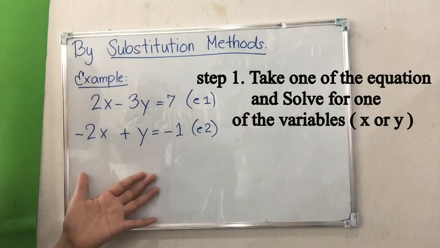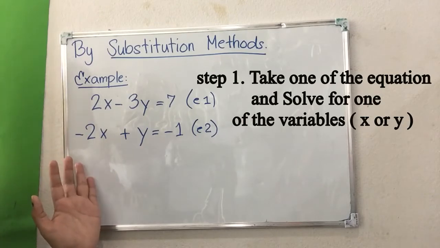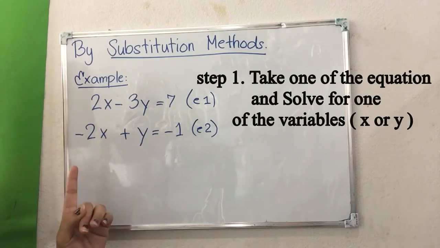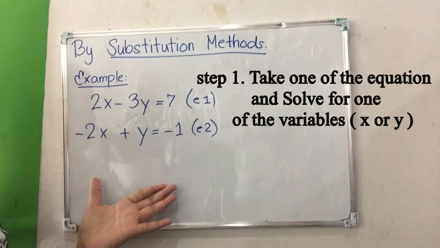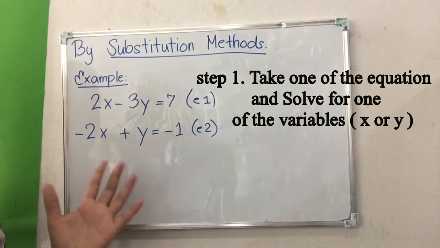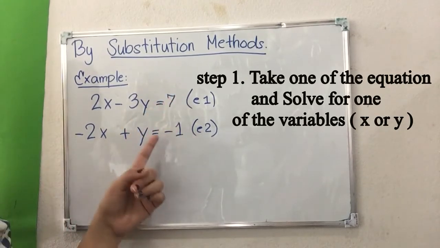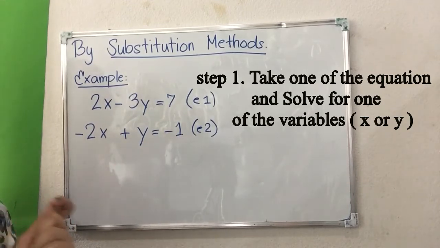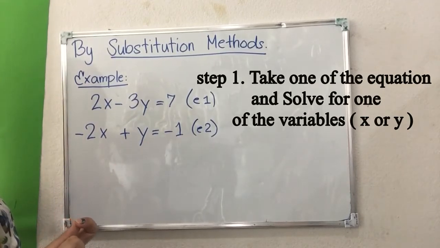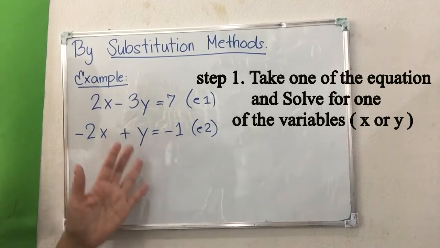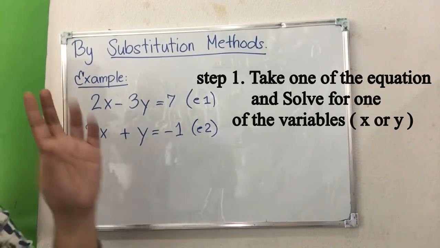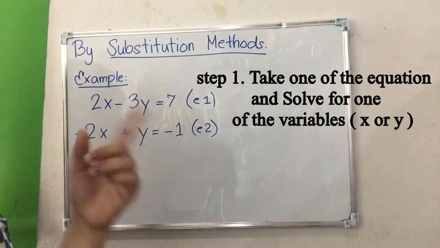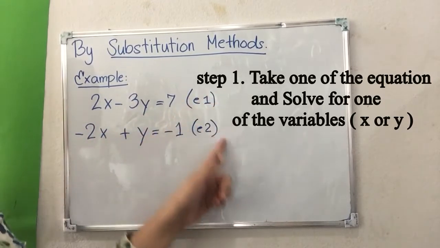What we are going to do is rearrange first. We have to rearrange one of the equations so that one of the variables is expressed in terms of the other. In this case, we have to rearrange one of the two equations.